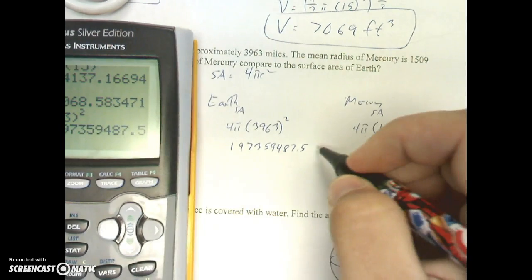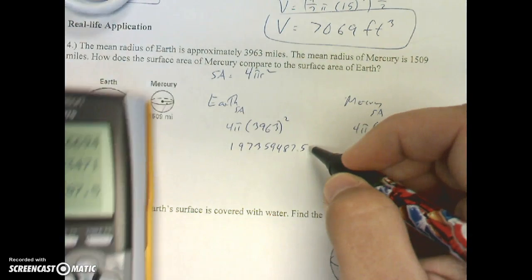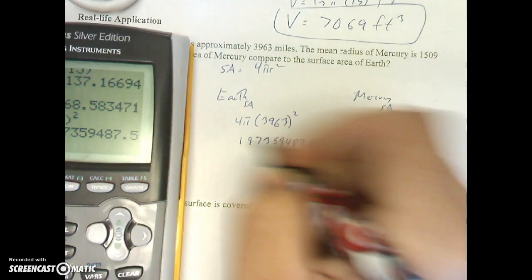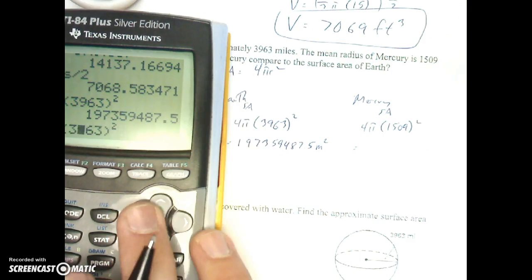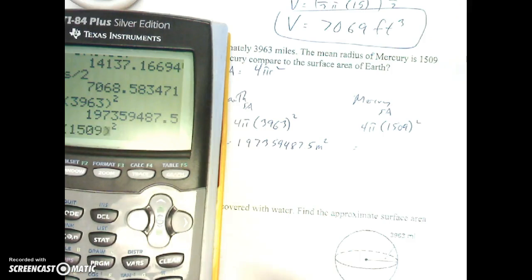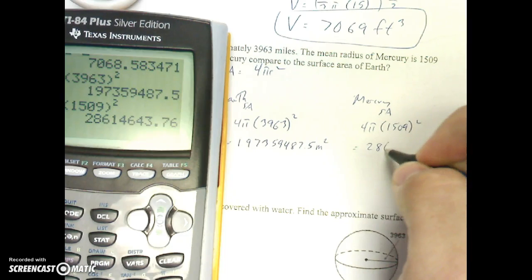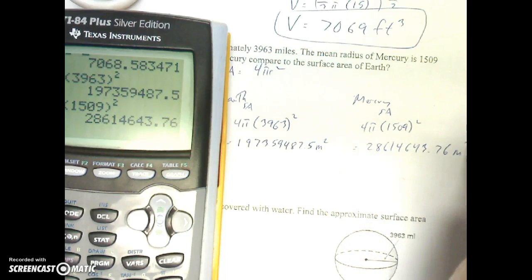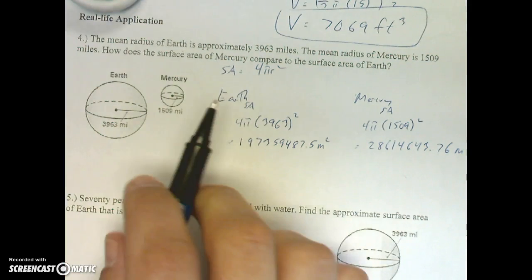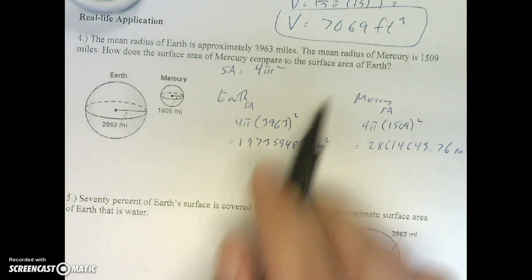Okay? And that's in miles squared. Meanwhile, over here, 4 pi 1,509 squared gives 28,614,643.76 miles squared. It says, how is the area of Mercury compared to the surface area of Earth?